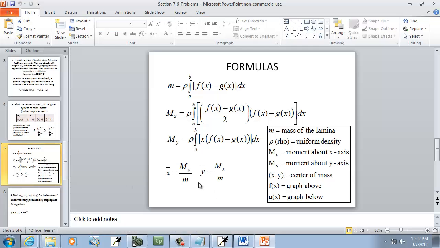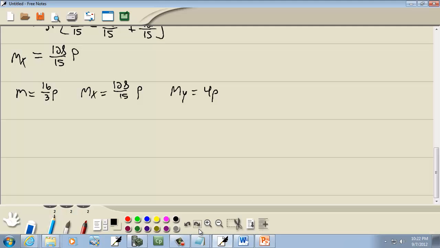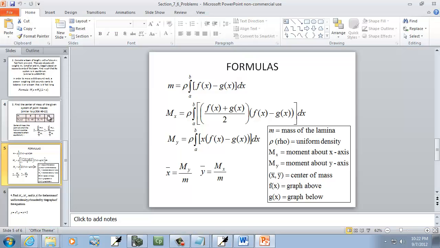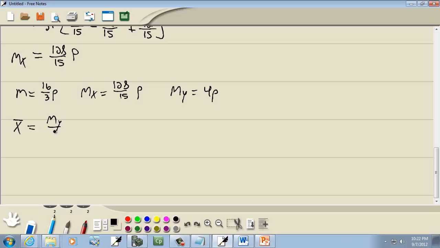Okay, so now we found these three, so now we need to find x bar. X bar is equal to m sub y over m. Well, m sub y was 4 rho over m, which is 16/3 rho. Those rhos are going to cancel. I'll take this fraction down below, flip it, and multiply it times the top part, and that gives us 3/4.